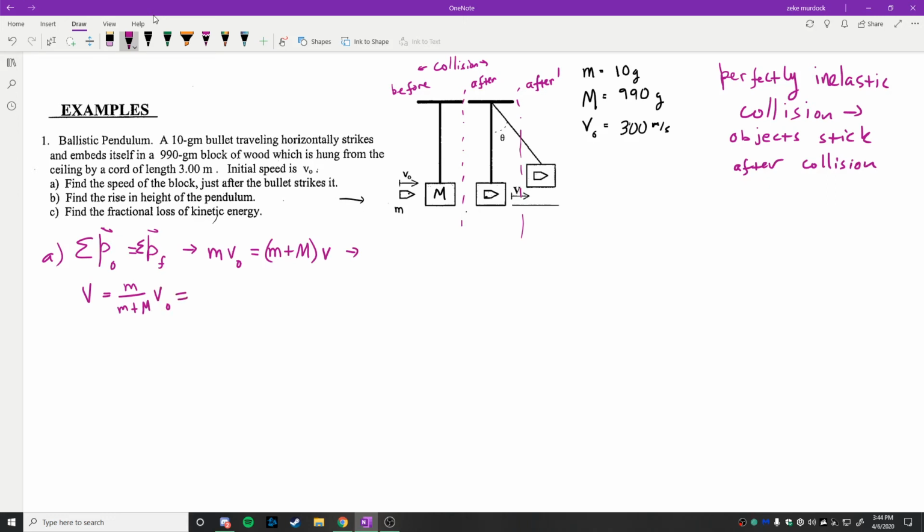That's going to be 10 divided by 1,000, right? m plus M is 10 plus 990. And we multiply that by our initial speed, which was 300 meters per second. This gives us 300 divided by 100, so 3, I think, right? That's their common velocity after the collision, 3 meters per second.